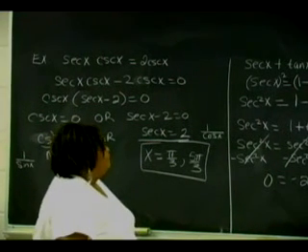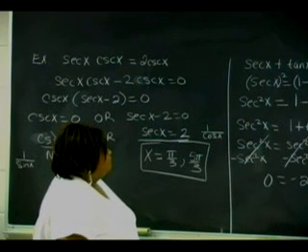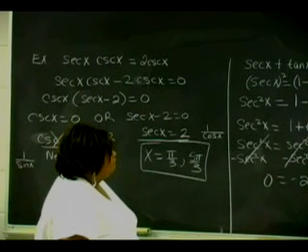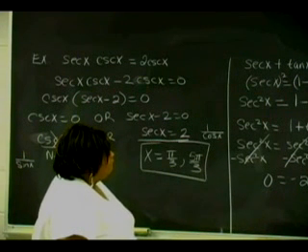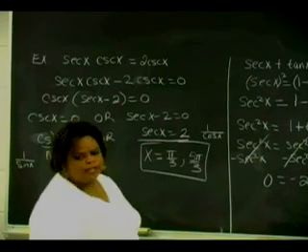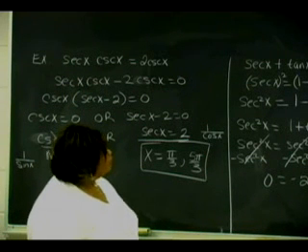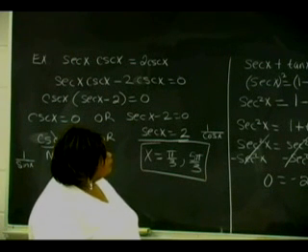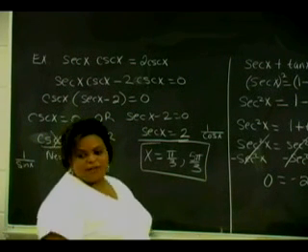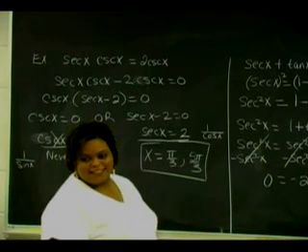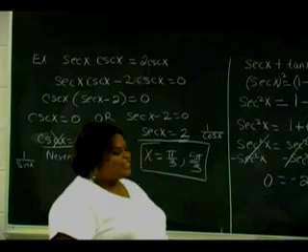I started off by subtracting the 1: secant x plus tangent x minus 1 equals 0. Okay, and then where would you have gone? I don't know. That's when you start doing it that way. You don't have to square.